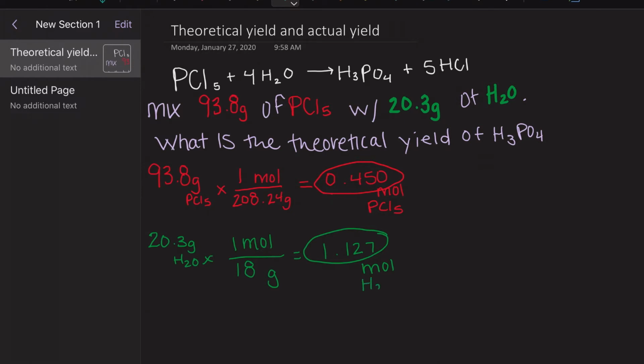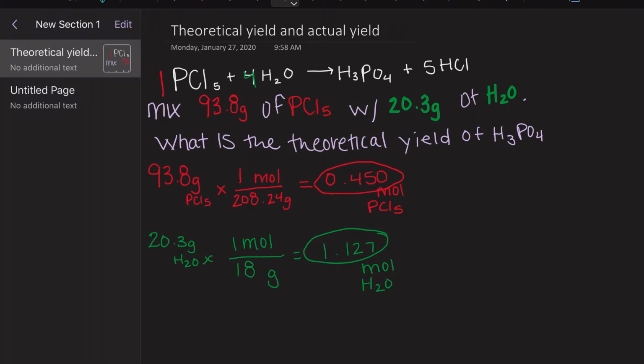Now, we need to distill this info to find out what is our limiting reactant. We can tell what our limiting reactant is by dividing each by their coefficient. So, we know that to do the reaction one time, we need 1 mole of PCl5 and we need 4 moles of H2O.